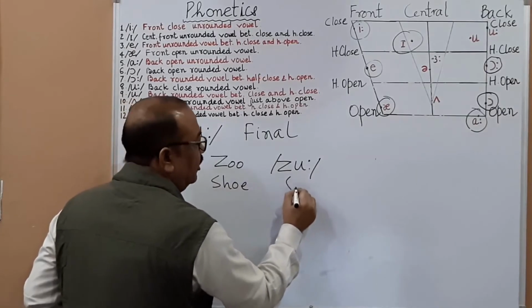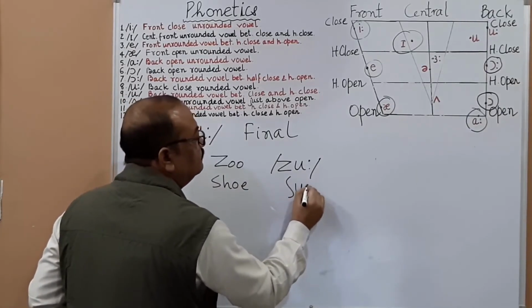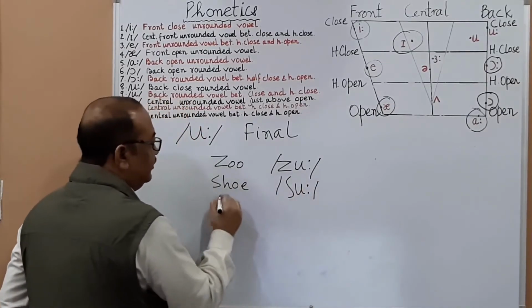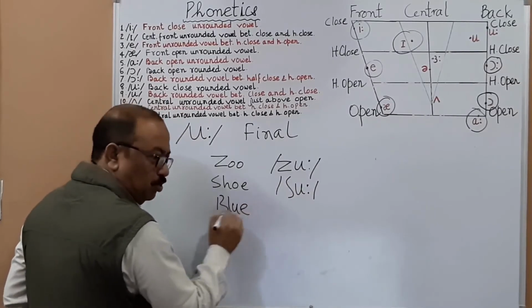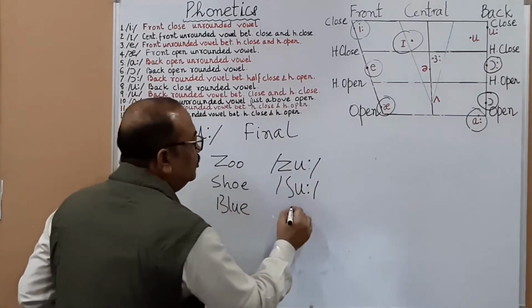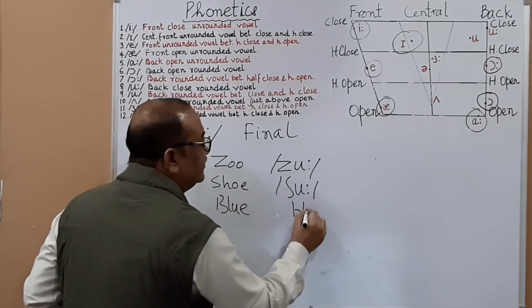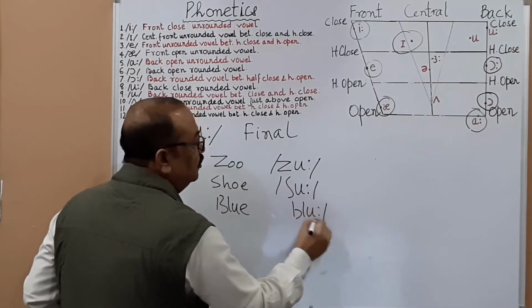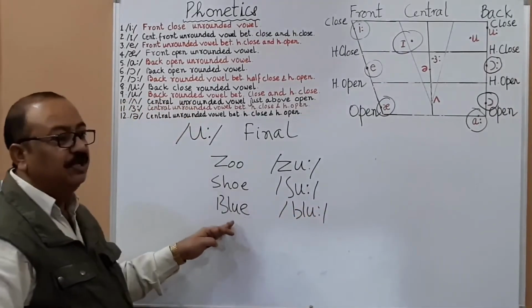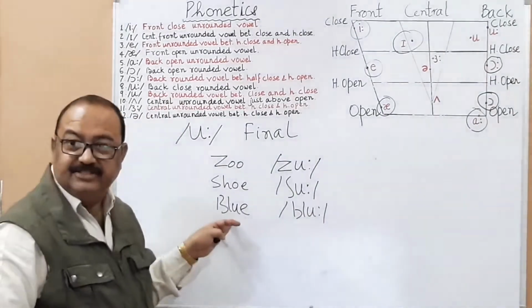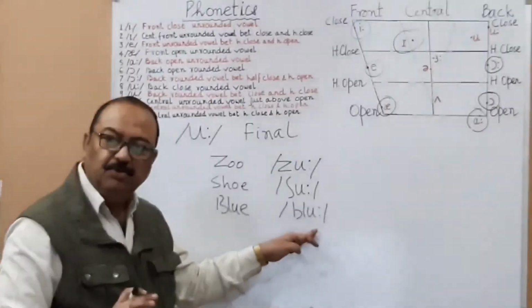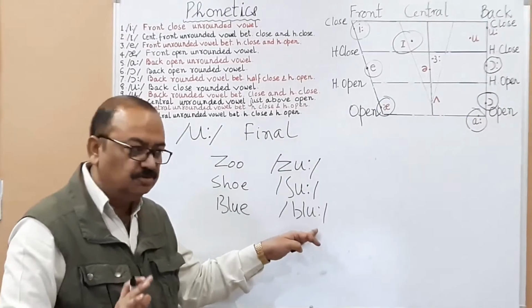Blue. Very nice. So blue, how do you write? You write blue like this. But I've seen people saying blue or blue. That's very wrong. It's blue.